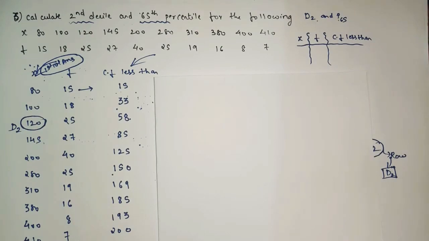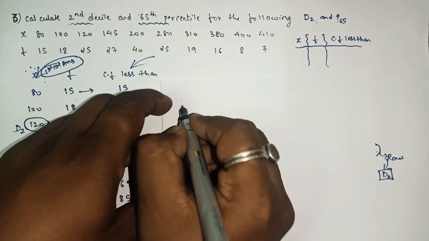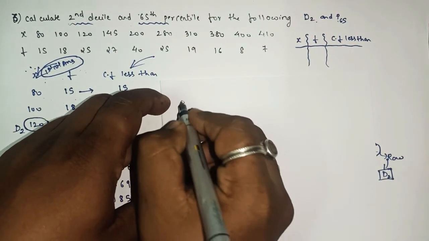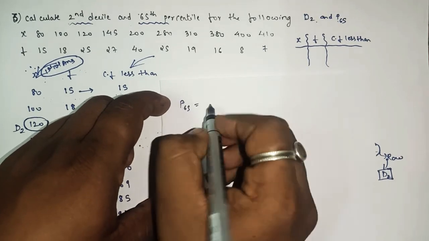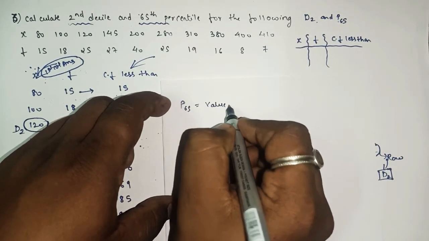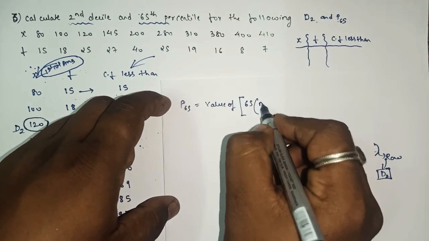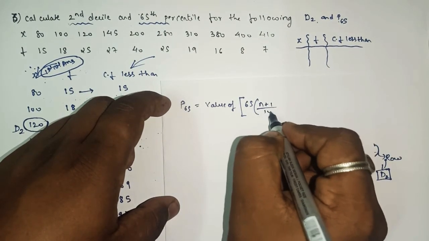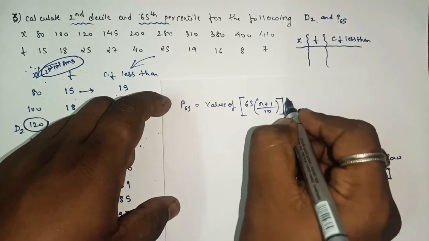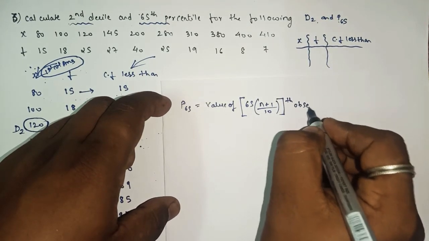Okay, now we'll see for P65. So P65, we'll write the formula. Value of (65(n+1)/10)th observation.